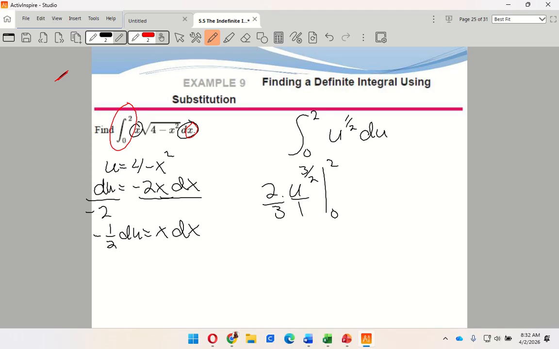So by putting it back, it's easier to derive or anti-derive. My u was 4 minus x squared, to the 3 over 2, all over 3, from 0 to 2.